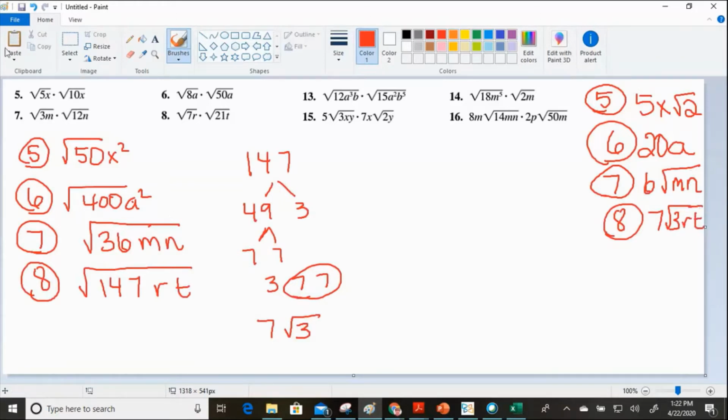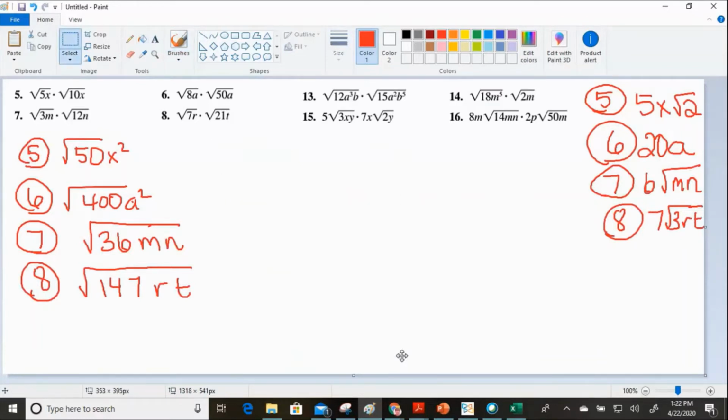Okay, let me erase my factor tree here. And let's look at 13. Okay, so number 13. 12 times 15 is equal to 180.